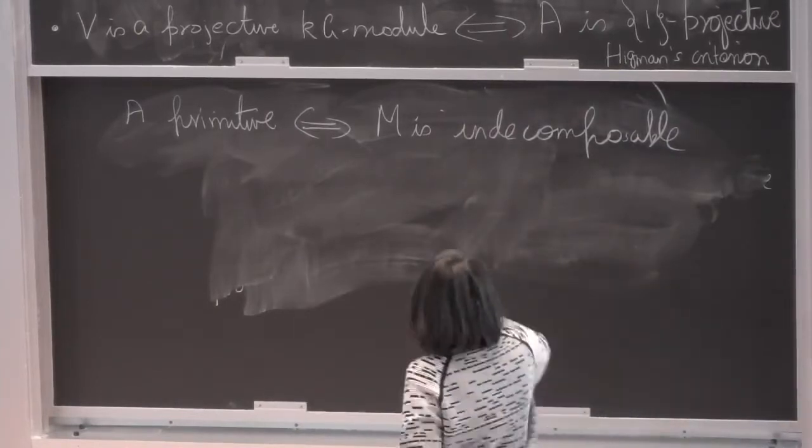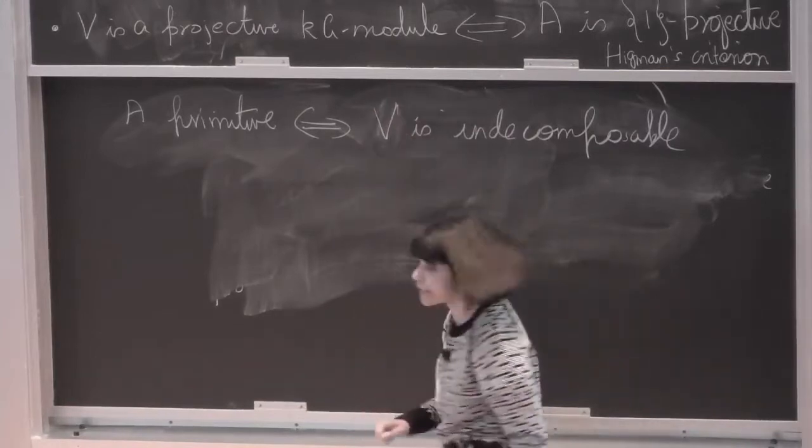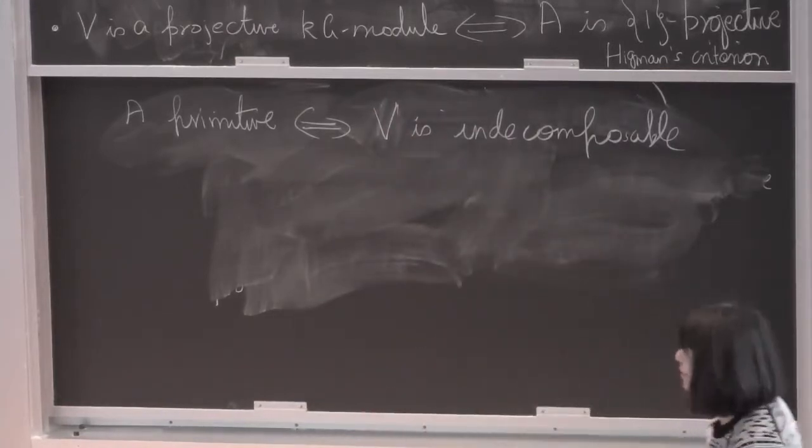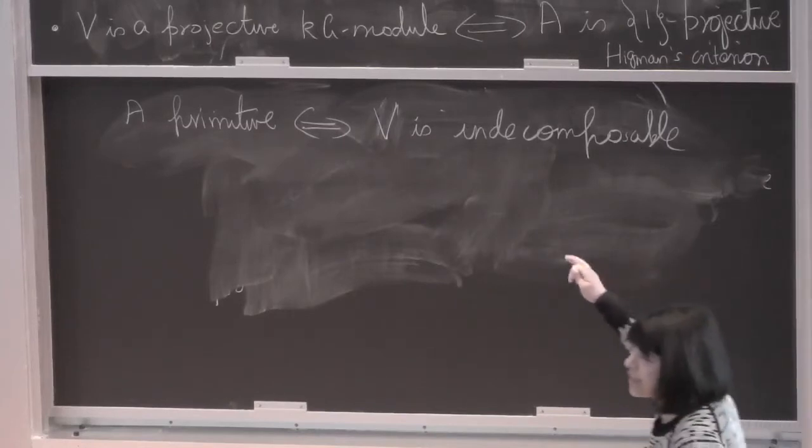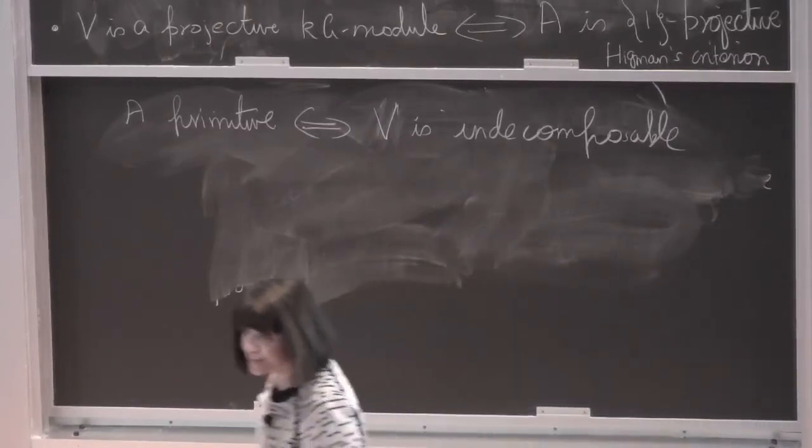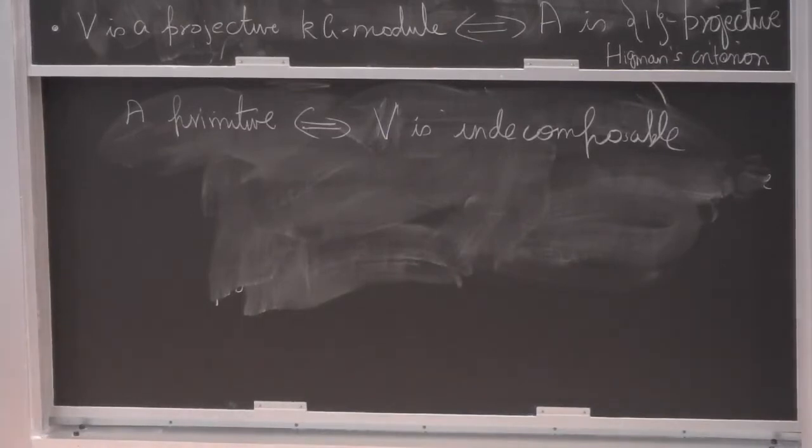V. It was V. It is still V. It's always going to remain V. Again, this is easy, maybe Fitting's lemma or something. So in the two examples that we're interested in, this theorem applies, and it says the following.